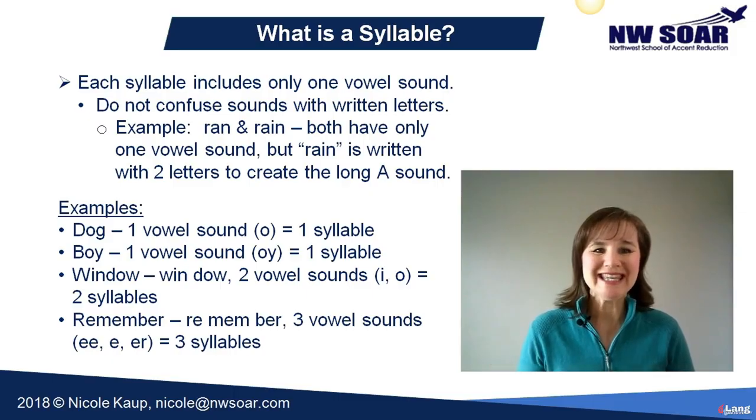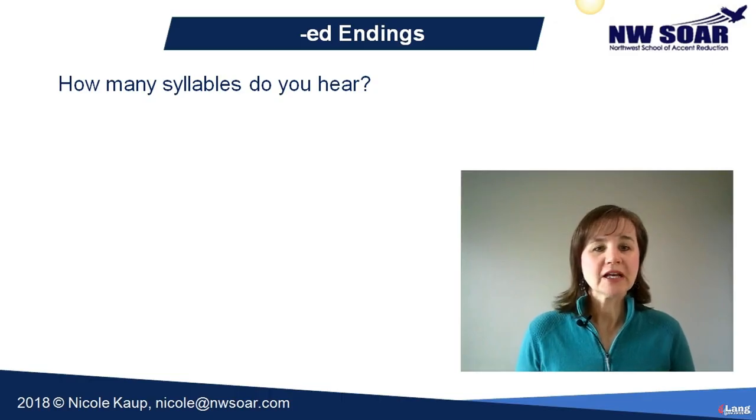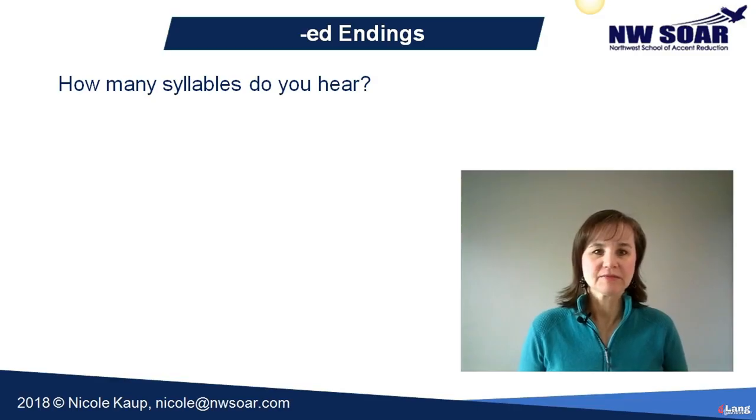You hear e, remember, three syllables. So I want to take a look at each of the different ed ending words from the story I just read you. And I want you to tell me how many syllables you hear in each of these words.